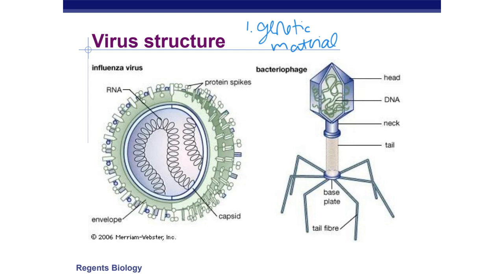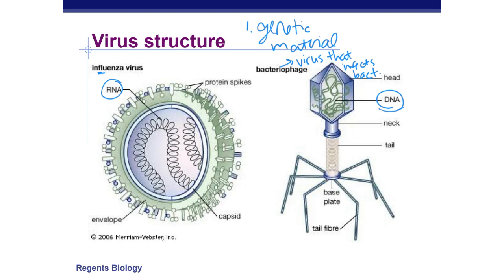If you look at the two examples we have here, influenza, flu, and a bacteriophage, which is a virus that infects bacteria, you'll notice this flu virus has RNA for its genetic material, where this bacteriophage has DNA for its genetic material. So it has to have some form of genetic material.